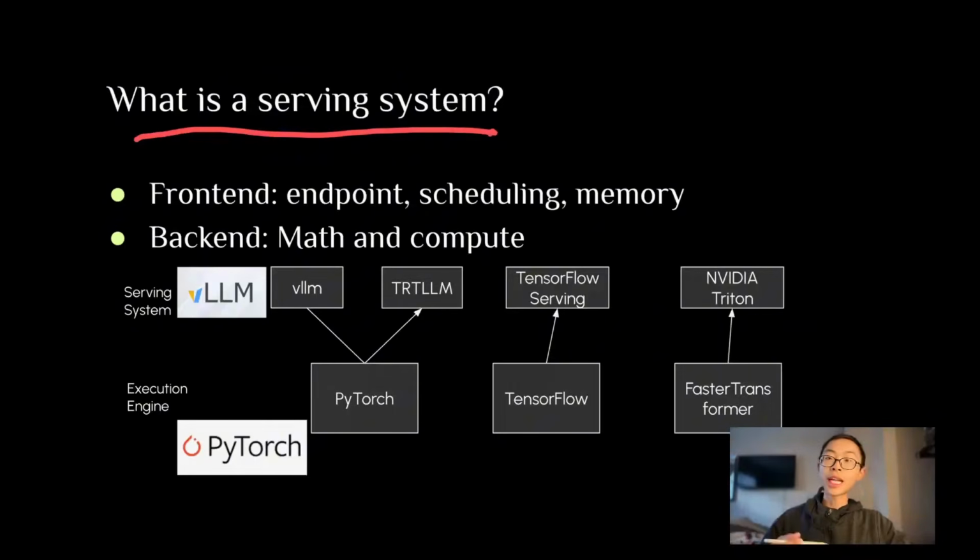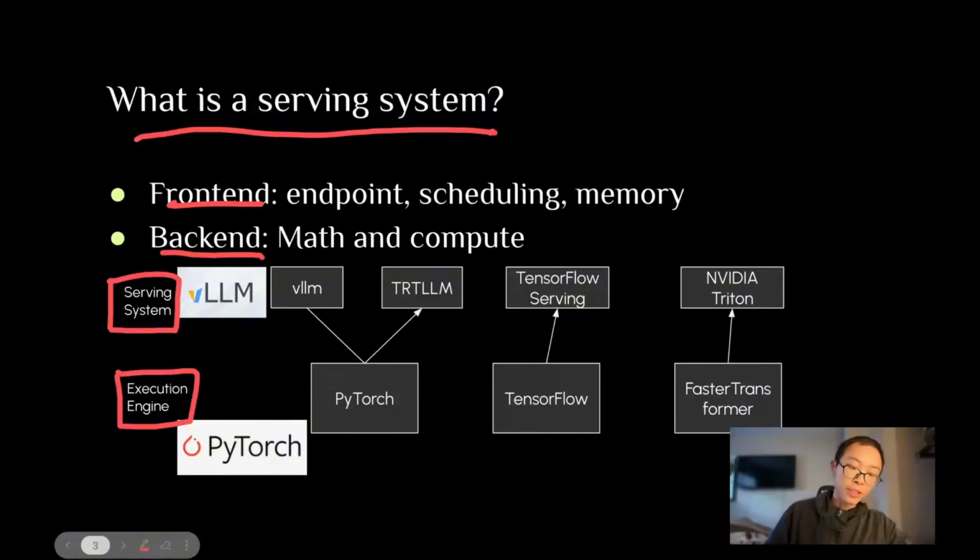To use generative models like GPT in the real world, we often delegate the inference procedure to separate services. So instead of one engine, we have a front end, which is the serving system, and a back end, the execution engine, because we want high throughput and low latency.